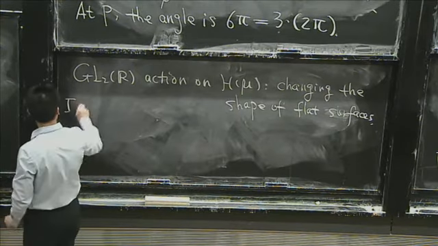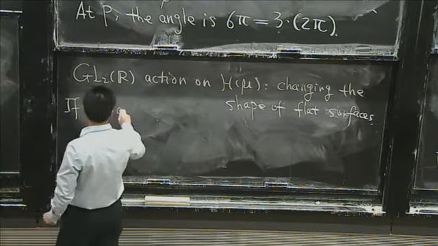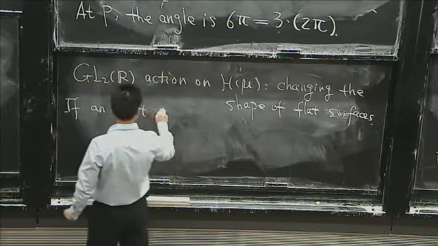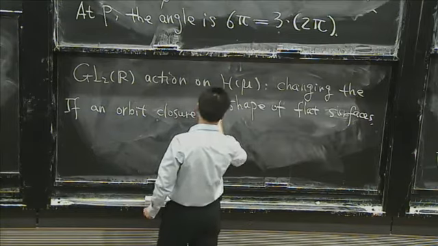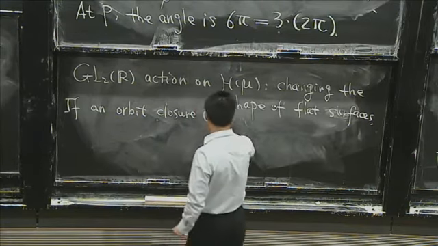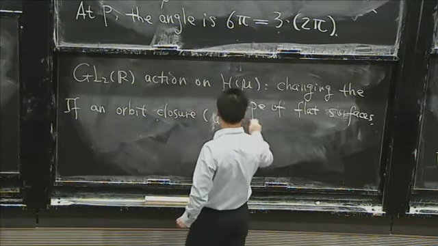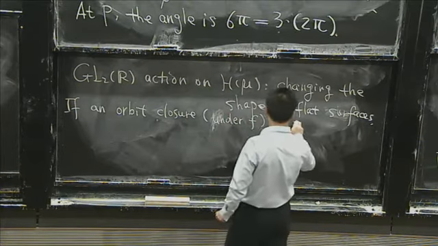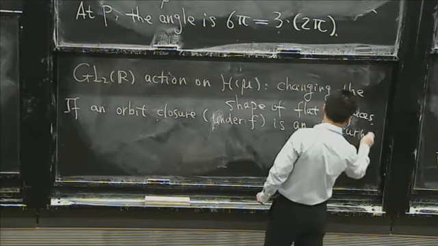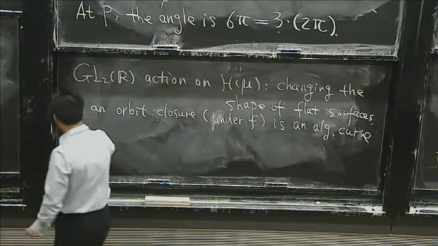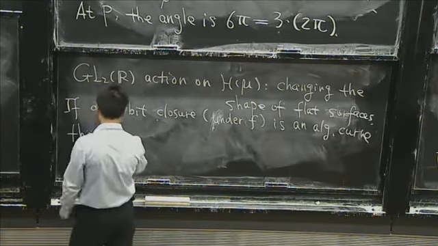So if an orbit closure, projected under F, where F is the forgetful map, is an algebraic curve, then we say that it's a Teichmüller curve. That's the definition.